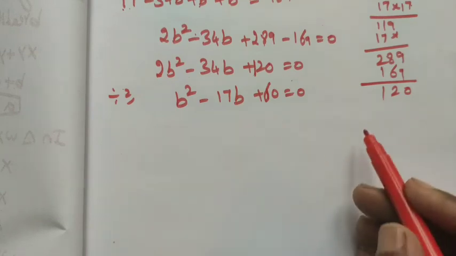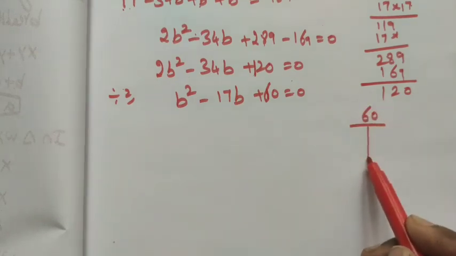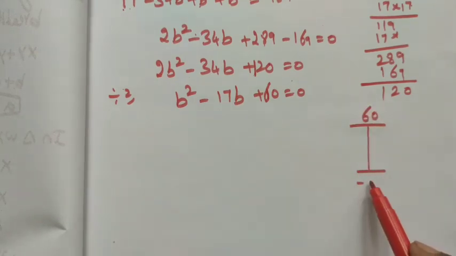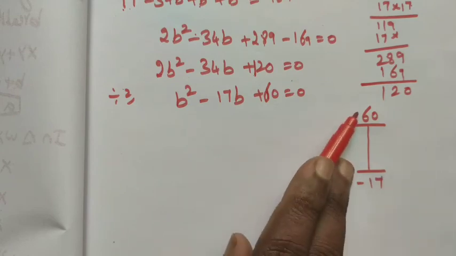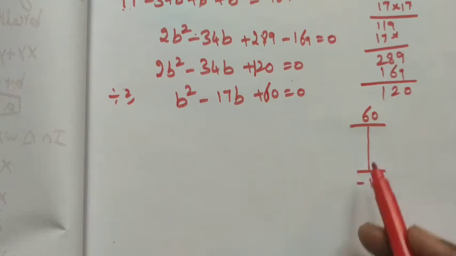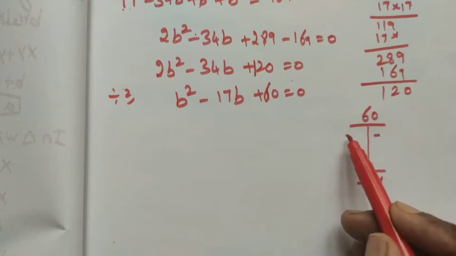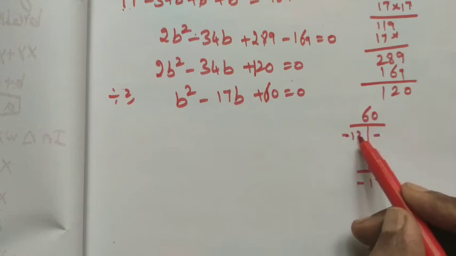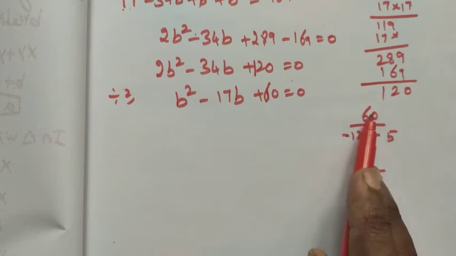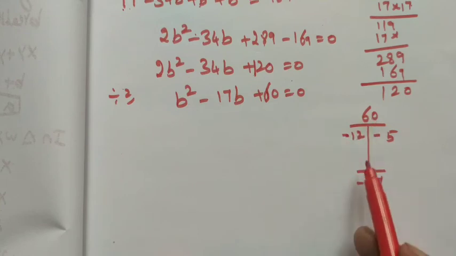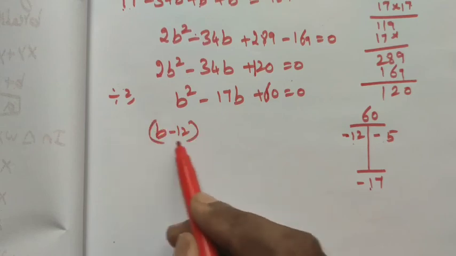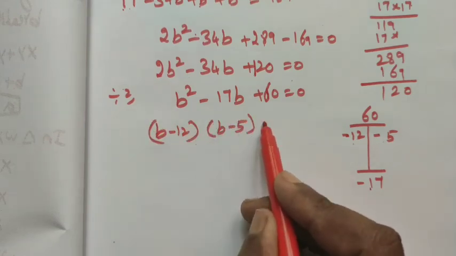Now simple factorization. When we multiply we need 60, when we add we need minus 17. Here we have a positive value and a negative middle value, which means both numbers are negative. So 12 5s are 60, minus into minus is plus, and if we add we get 17, right? So B minus 12 into B minus 5 equal to 0.